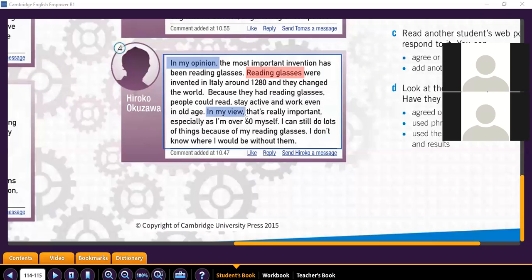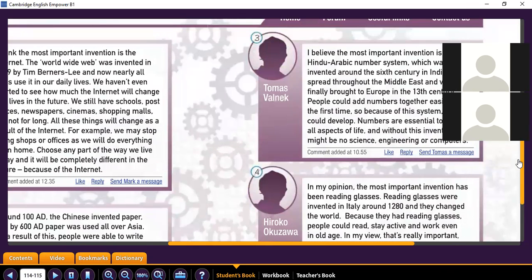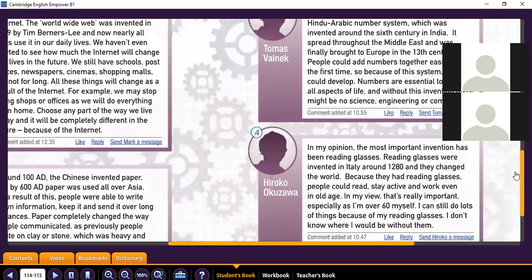So when you want to give your opinion, you can use any of these phrases we saw, right? In my opinion, I think, I believe, in my view, are good ways to start giving your opinion. So guys, can you tell me which is the oldest invention? The internet, the paper, the numeric system, and the reading glasses.